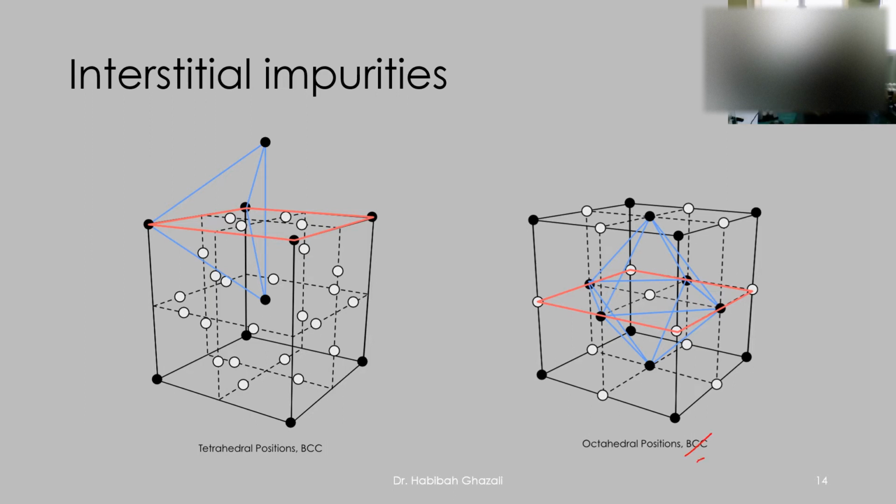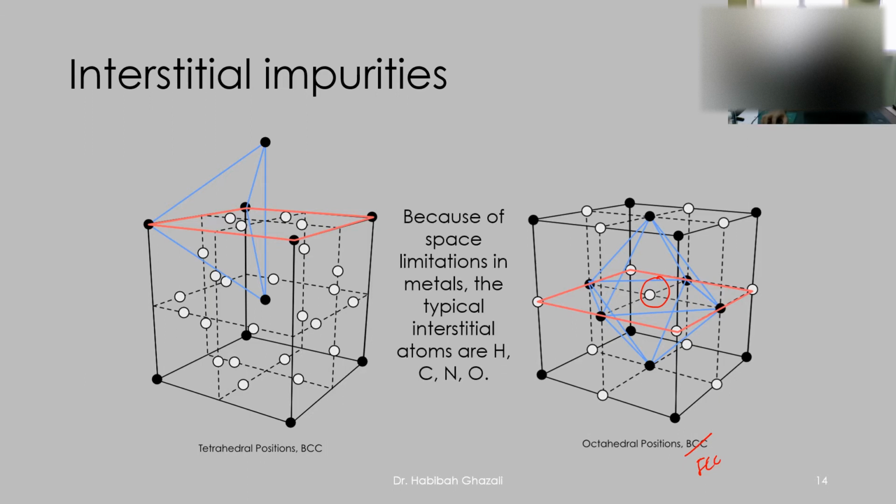So this is FCC, and instead it can reside in the middle there. For FCC, you can't see the space; it's actually right in the middle of this unit cell. As you can see, this space is very, very small. That is why only certain types of atoms, such as hydrogen, carbon, nitrogen, and oxygen, can reside in these spaces.